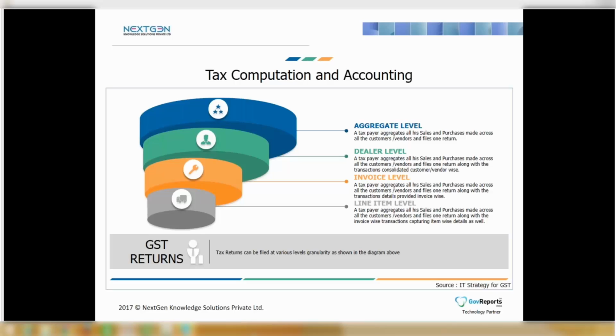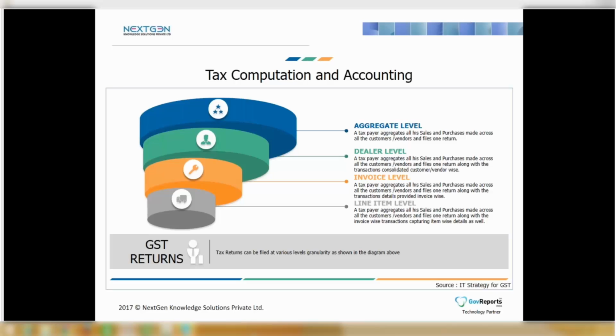Now, once the invoice level data is uploaded at GST portal and there is a system to match it between the supplier and recipient, the matching can happen at the aggregate level, wherein the taxpayer will aggregate all his sales and purchases made across all the customers and vendors and file one return. Second, it could be at dealers level.